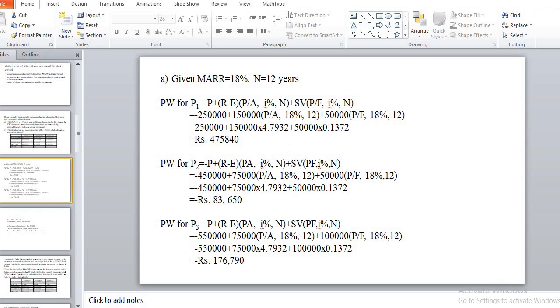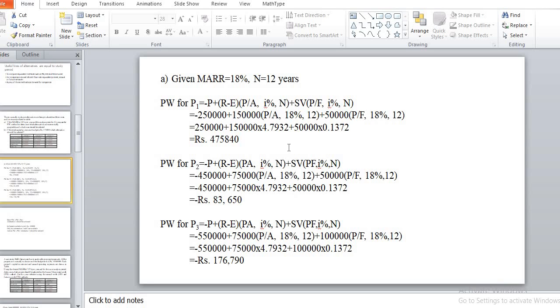And as soon as we consider the interest rate in the present worth method, the revenue term is multiplied by the interest rate factor, the present worth factor P by A, percentage rate i, for time span n, plus the salvage value or market value after some period of time n, multiplied by the factor P by F, percentage i and n.